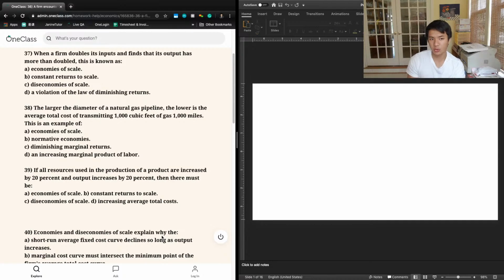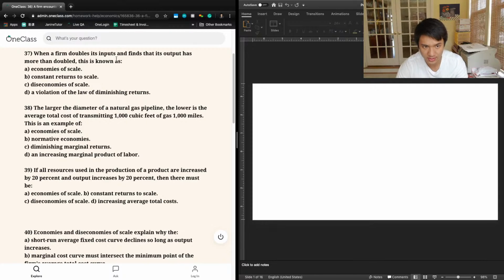So when we say in this question that you've doubled inputs and then you found that output has more than doubled, that seems to be a clear violation of the law of diminishing returns, because the output increase has outpaced the growth in inputs, and that's not what you would expect to see when you're looking at the law of diminishing returns. So it seems that for this question, D would be the right answer.